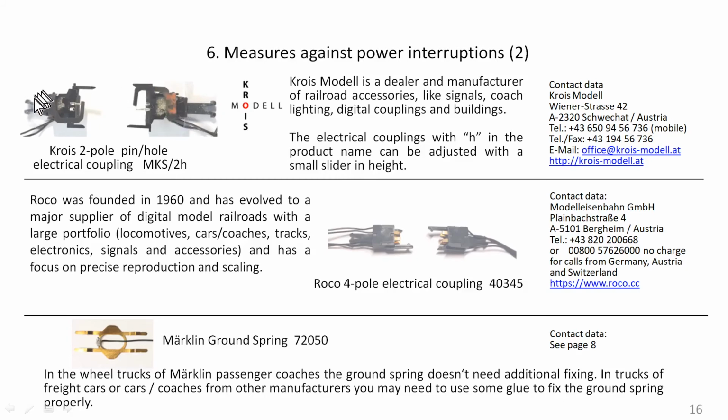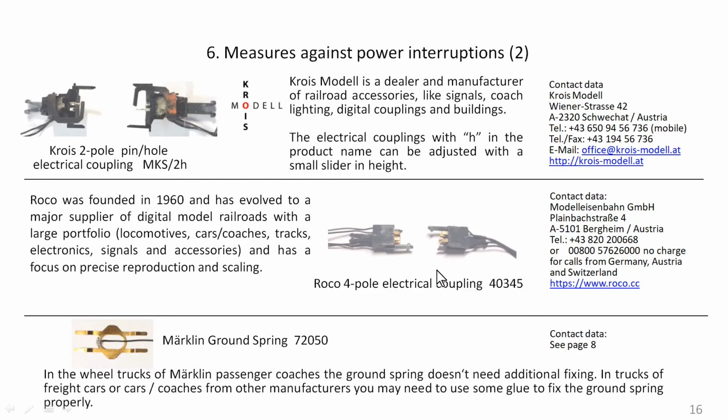electrical couplings, sorry. If I have an electrical connection to the lighting of passenger coaches, then this comes from a separate decoder in the first passenger train, and this power is independent from the power to the locomotive, and so I need 4 poles to connect.